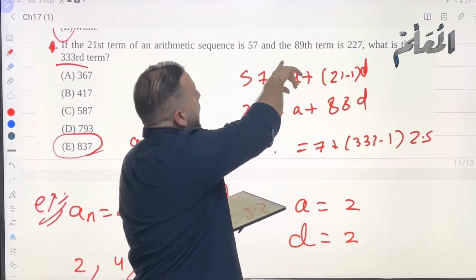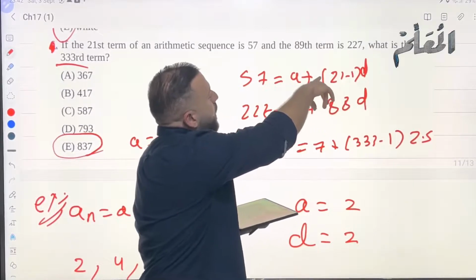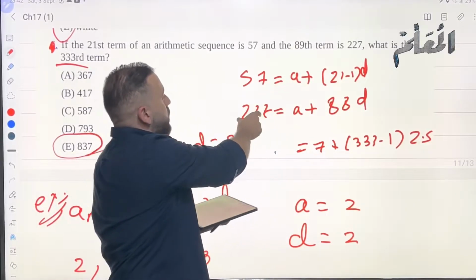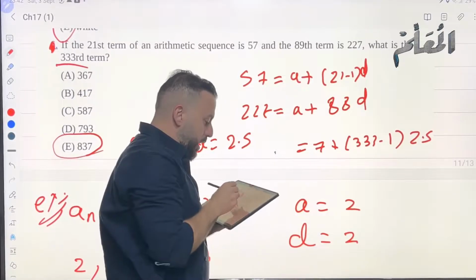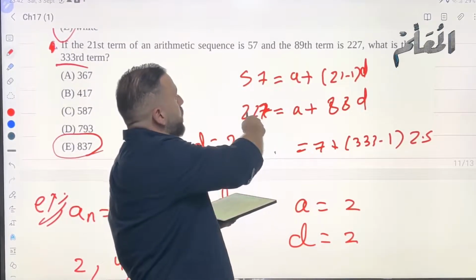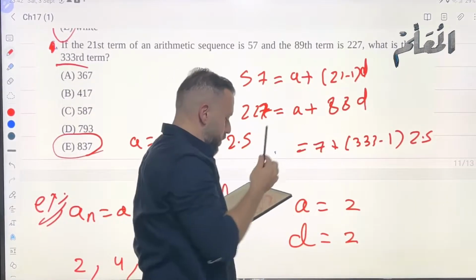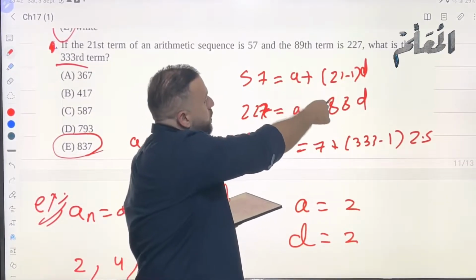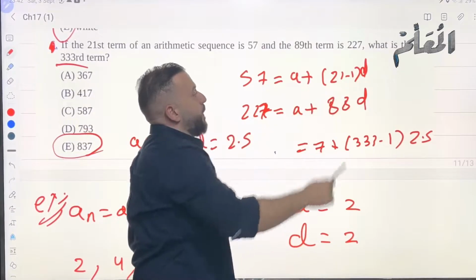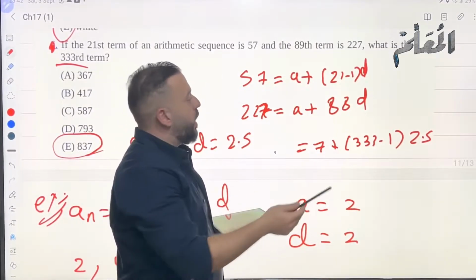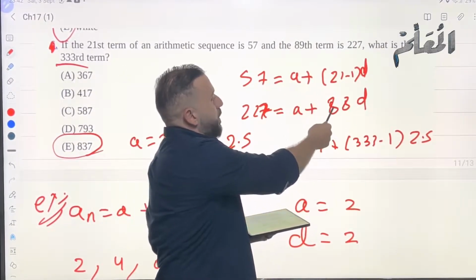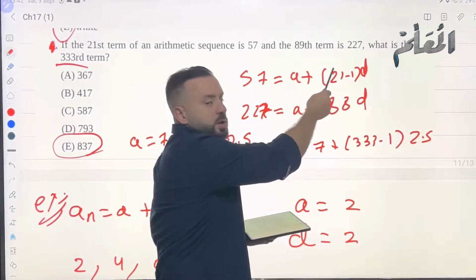And the 89th term is 227, so 227 is equal to a plus 89 minus 1, which is 88d. Sorry for the handwriting, because I was doing the calculation. Some of you will ask why there is no minus 1: because 89 minus 1 is already 88, and 21 minus 1 is equal to 20.